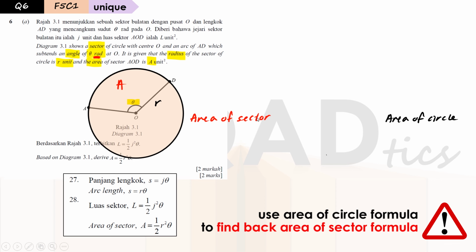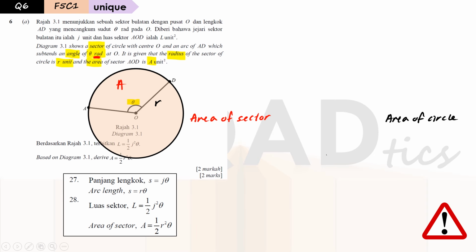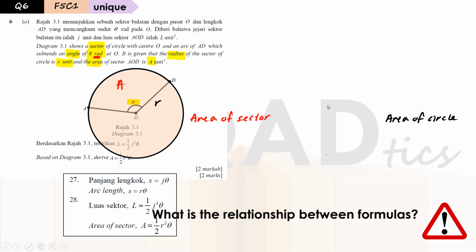Alright, so let us use the formula of the area of the circle to find back the formula for the area of the sector. But the issue is we don't know the relationship between these two formulas, or meaning what is the bridge between these two formulas. So let us think of it this way. From a circle, how can we change it to a sector?